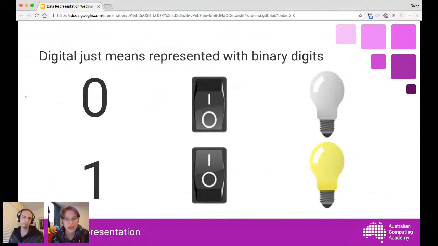So just reiterating the fact that we've got these digital binary systems, things that are either on or off, true or false, 0 or 1, and that we can use those two states to represent everything. This doesn't mean that we expect in this year level for students to be able to look at an image and then give the binary representation of that image or anything like that.